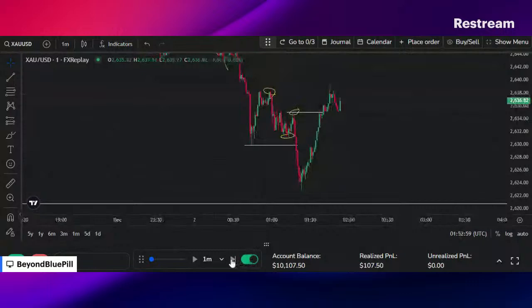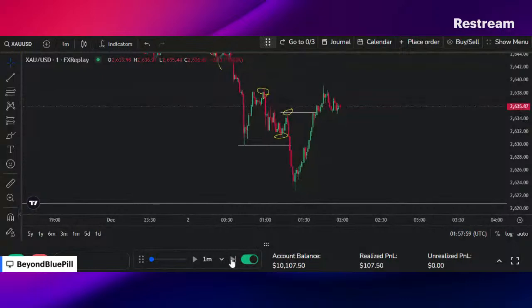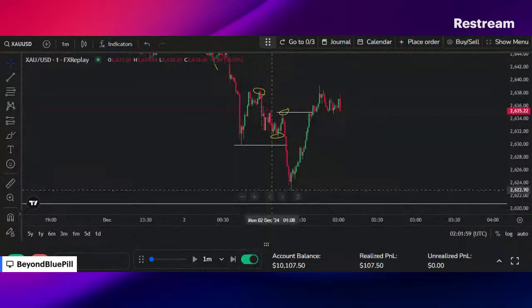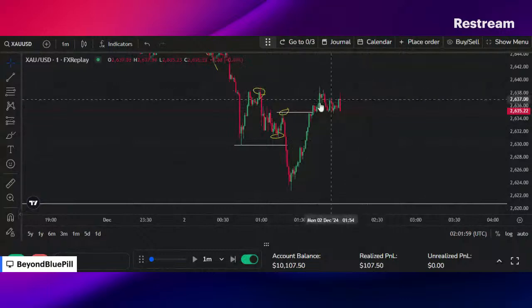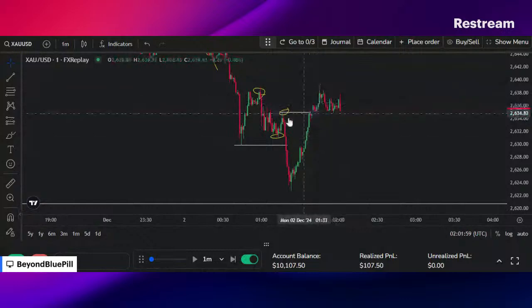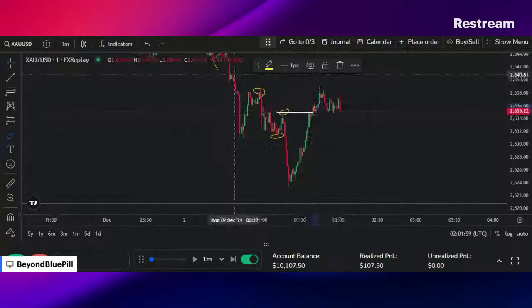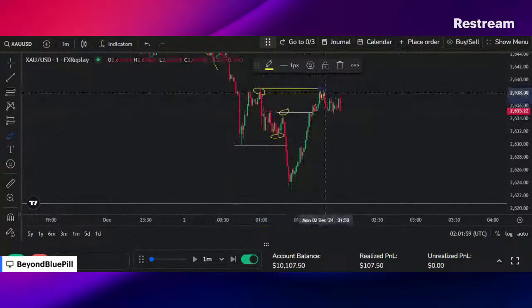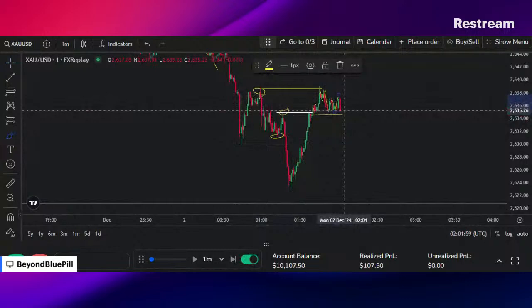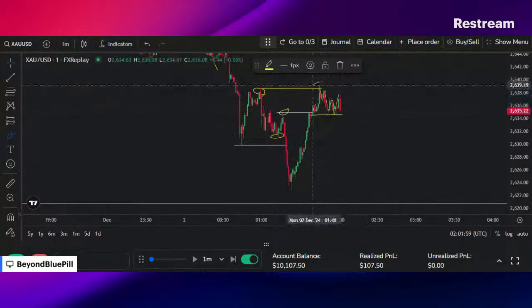Validated. SNDR to trade above this. Tap once, failed, and then price made a double bottom right here, failure. So this seems like a failure here to trade below.